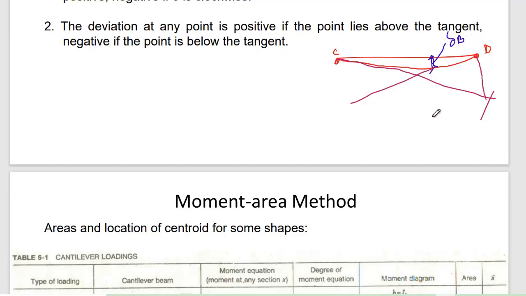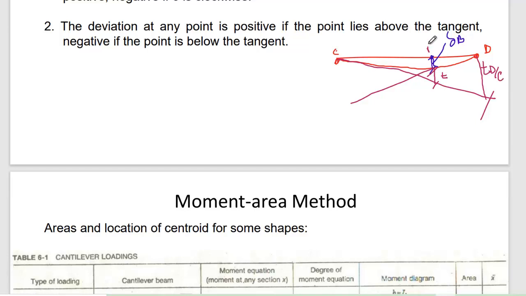So here you can see that you can calculate this T D by C, right? And what would be this distance? Who can tell me? This distance would be what?